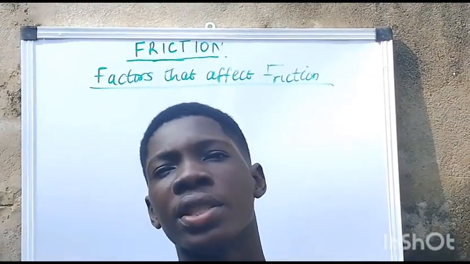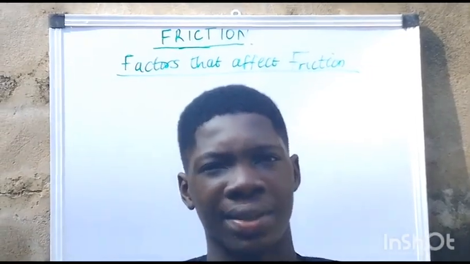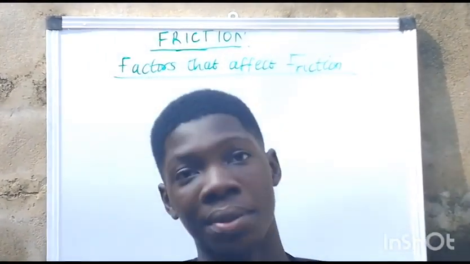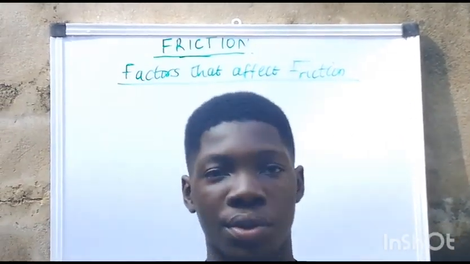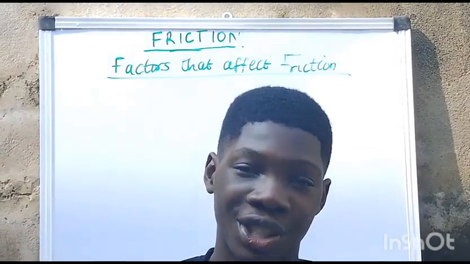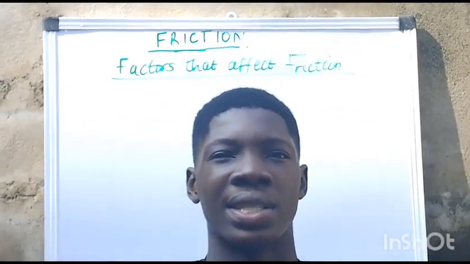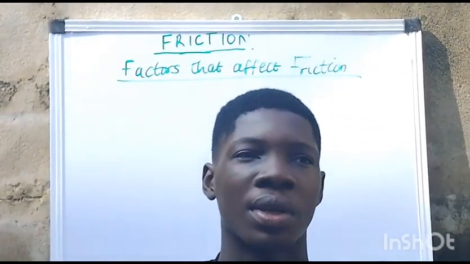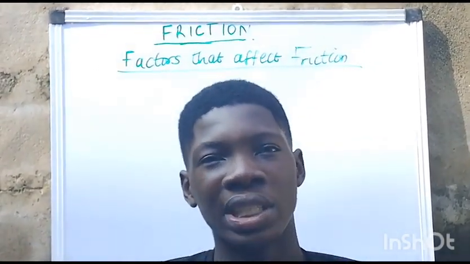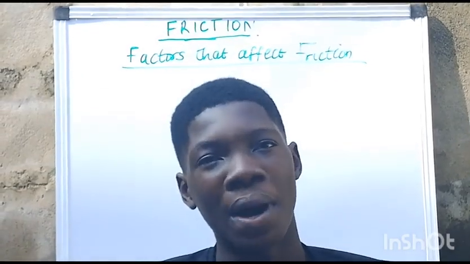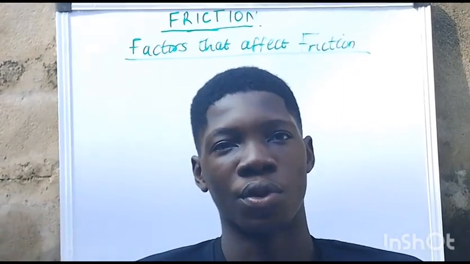So now the big question is, what affects how much friction there is? Luckily, there are two main factors that affect the amount of frictional force. The first one is the nature of the surfaces. Rougher surfaces cause more friction because on a microscopic level, they have more ridges and bumps that offer more resistance, which in turn leads to more frictional force.